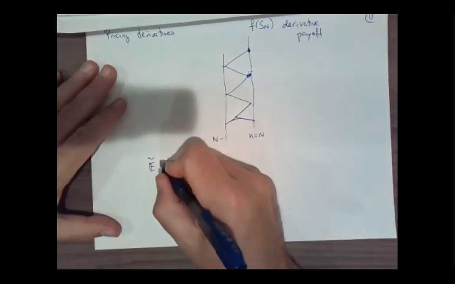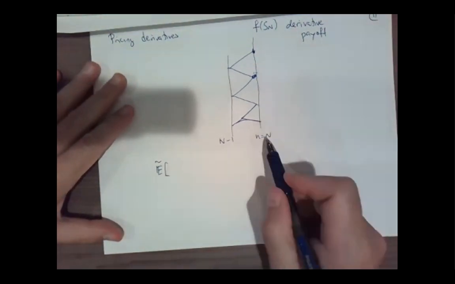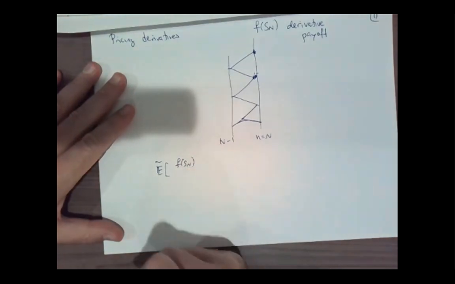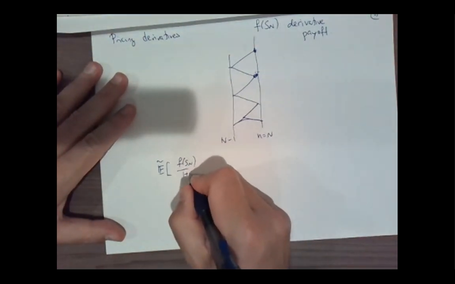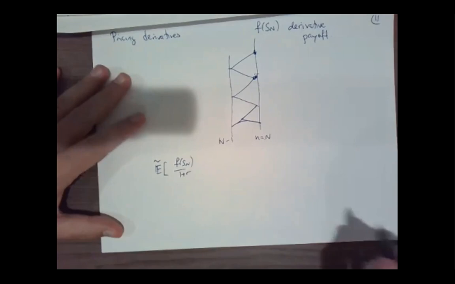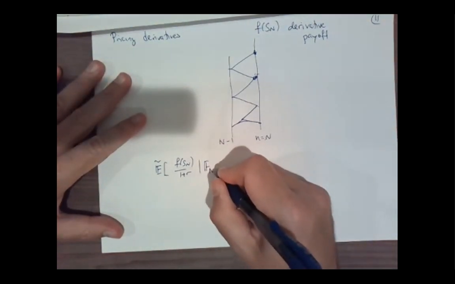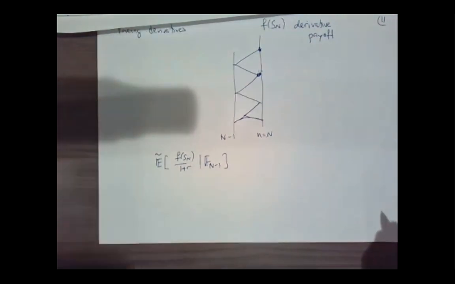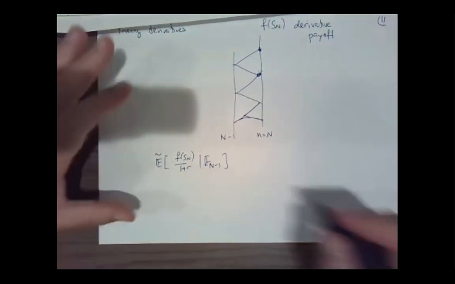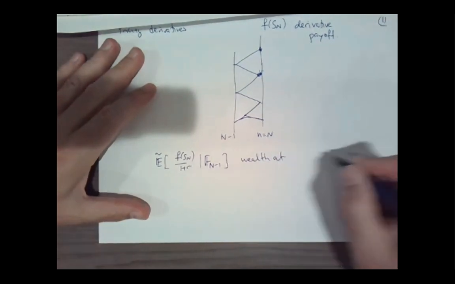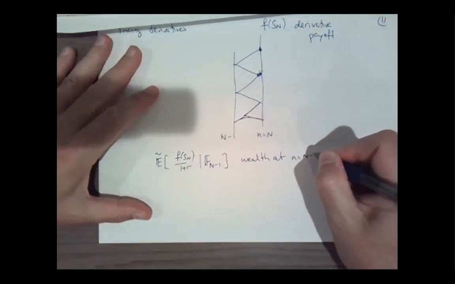The thing that you want, to go from here to here, is you would take the payoff, move it back a little bit, and then condition on the information that you have available at that prior step. And this here is going to be your wealth at time n minus 1.